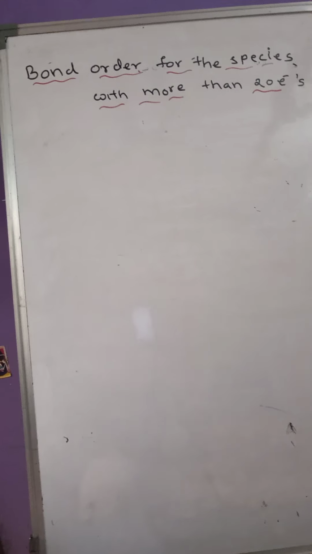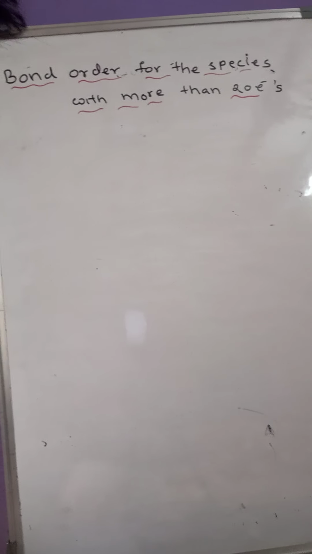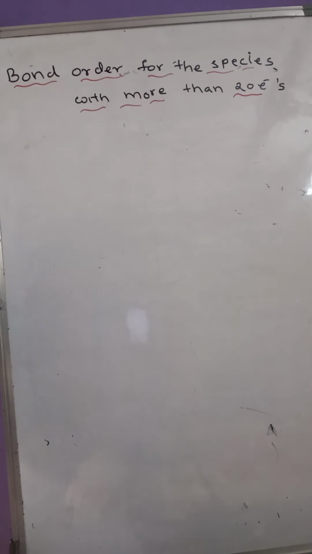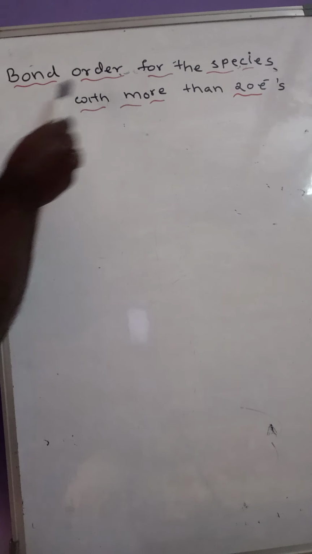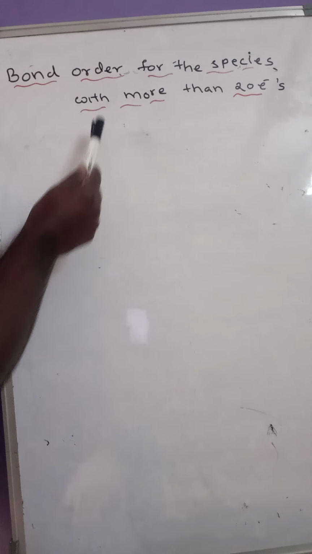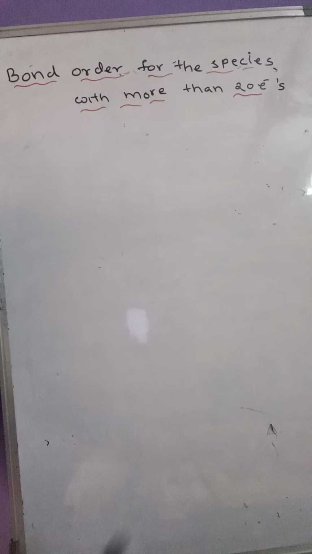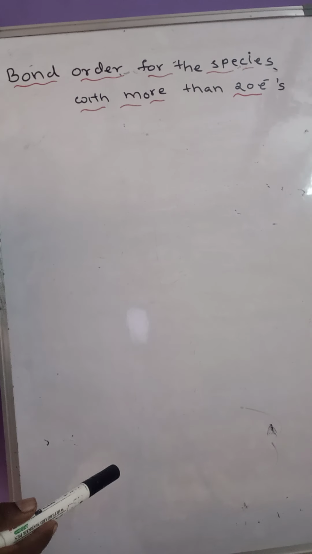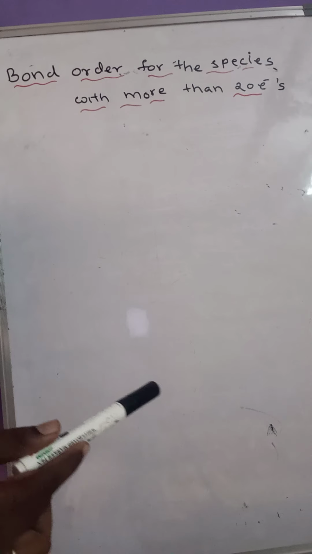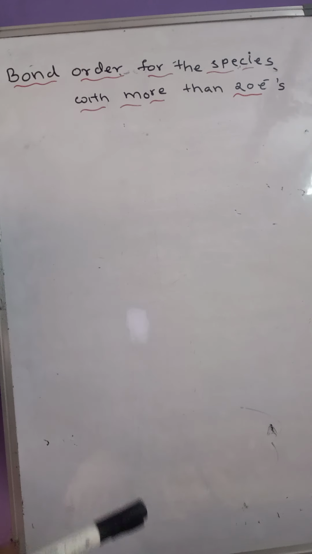Hi friends, hi students. In this video we are going to discuss bond order for species with more than 20 electrons. In our previous video we discussed bond order for molecules or species having less than 20 electrons.